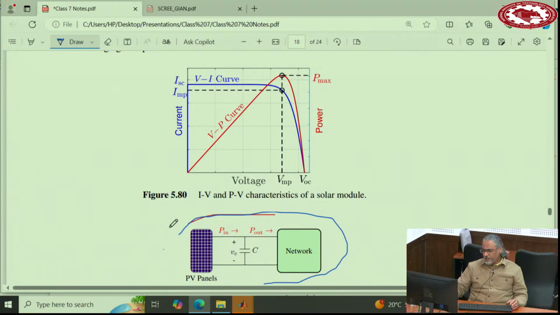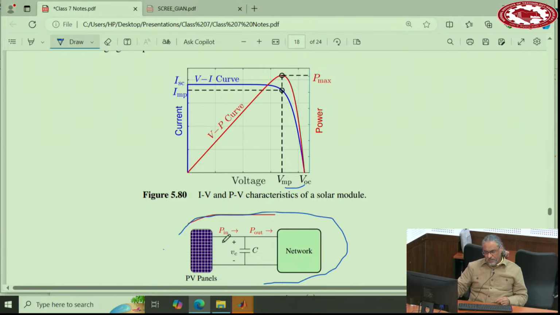So then, if it turns out that this voltage, that the network now biases the PV and generates that voltage, turns out to be on the right side of this VMP, in other words, in this region, then the whole thing will operate in a stable way.